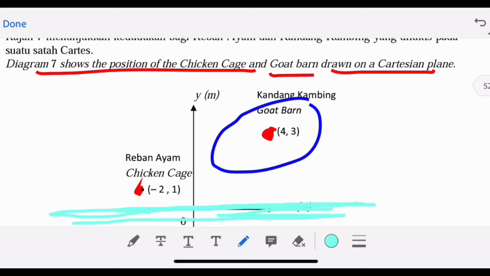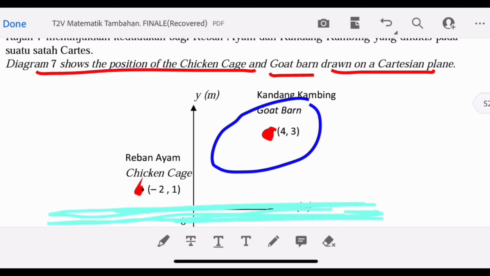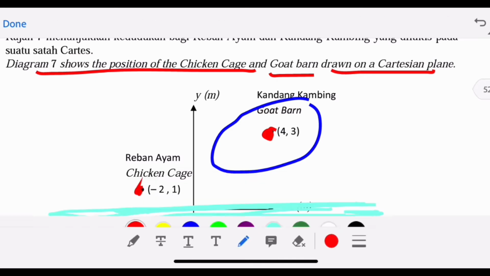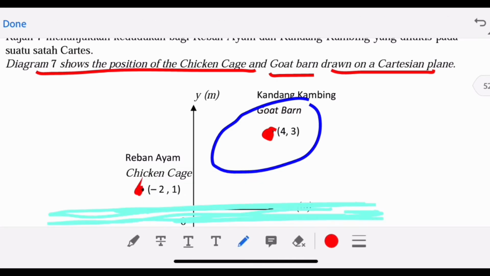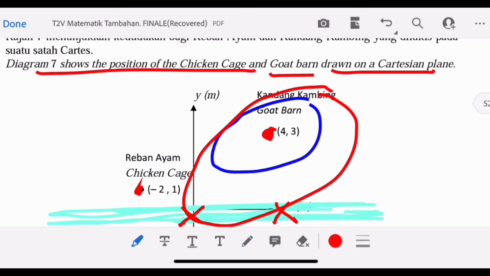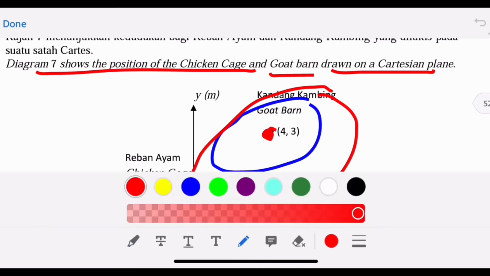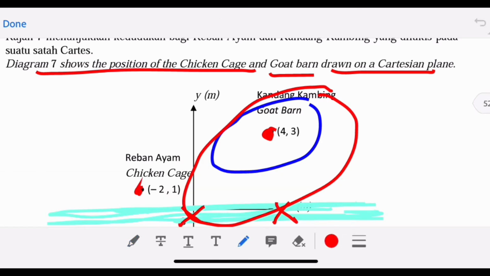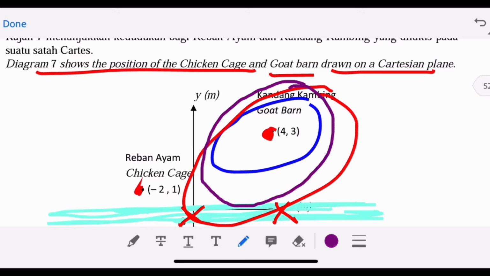River with the water, x-axis here. Now we can also have the locus equation like this, whereby it cuts the river at two places, or it can happen like this, whereby the fence built touches the river at one point.